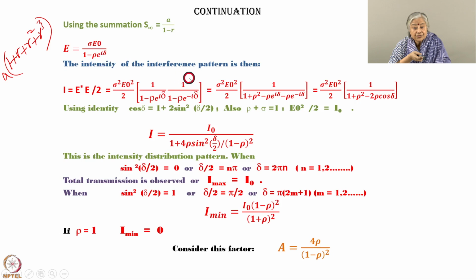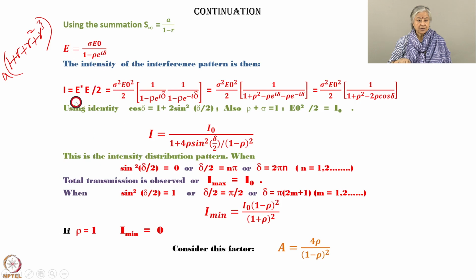They have superposed and interfered with each other, and the interference pattern is then given by, well, when I say the interference pattern, I have to talk in terms of the intensity. So, let us do the intensity at this stage.